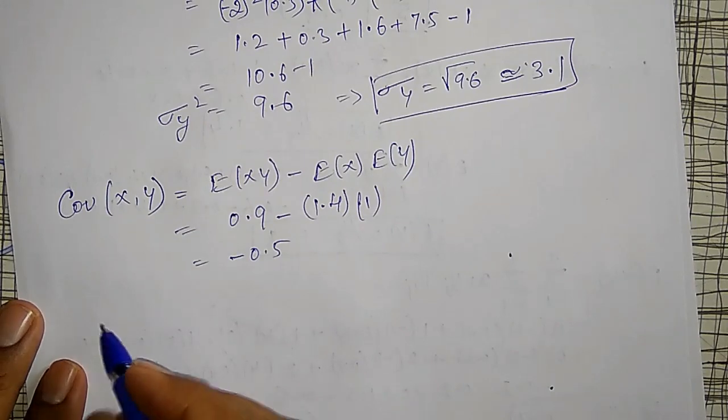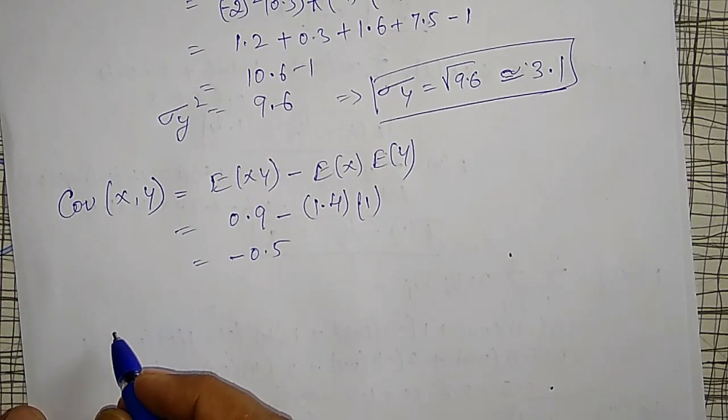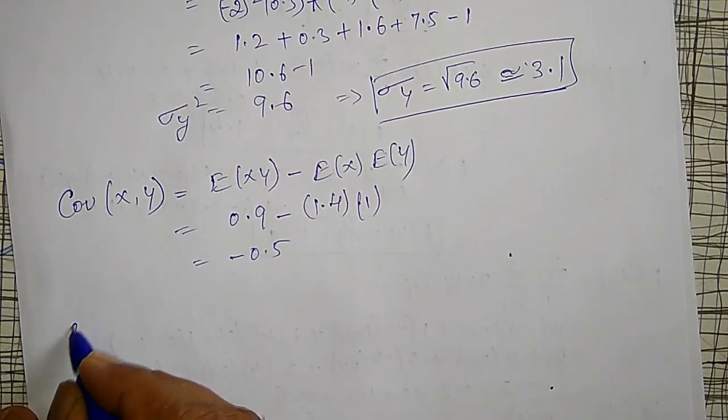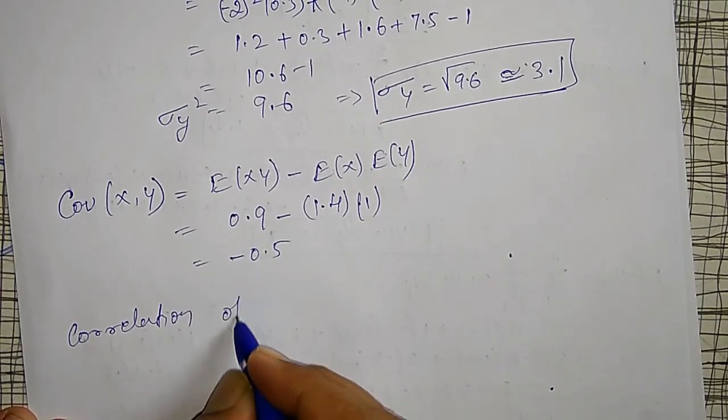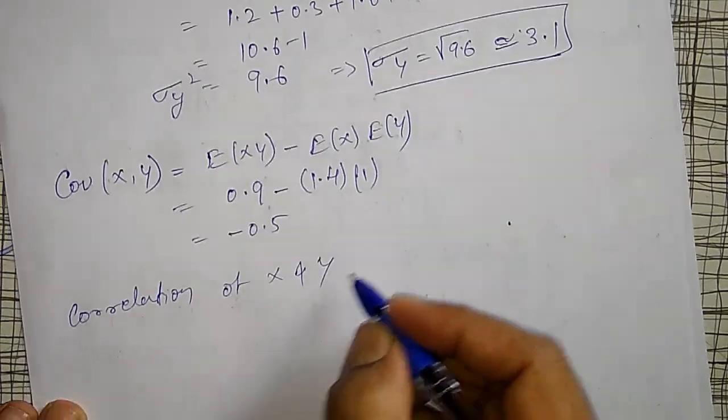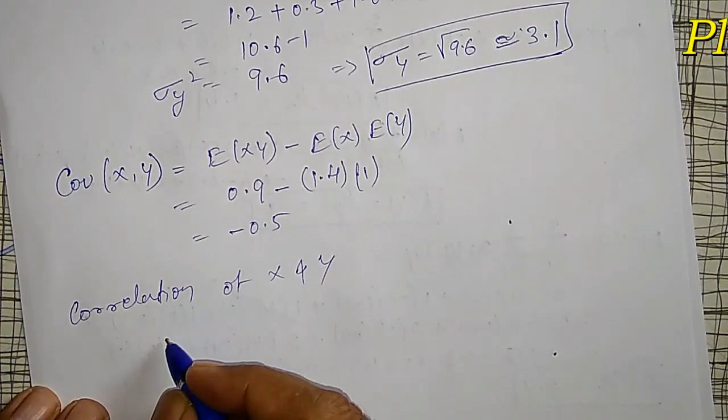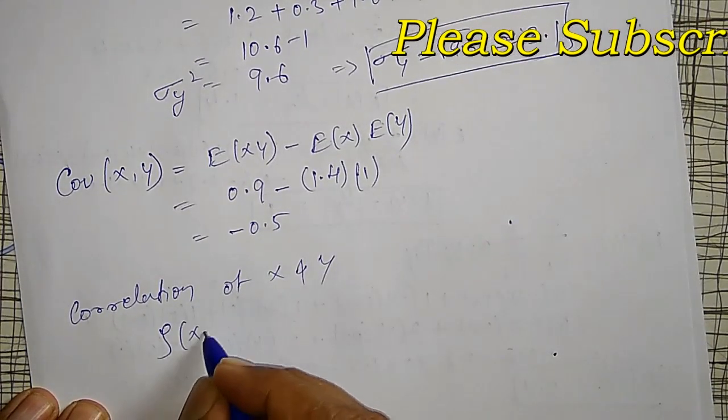Using that, correlation. Correlation of x and y is denoted by rho of xy.